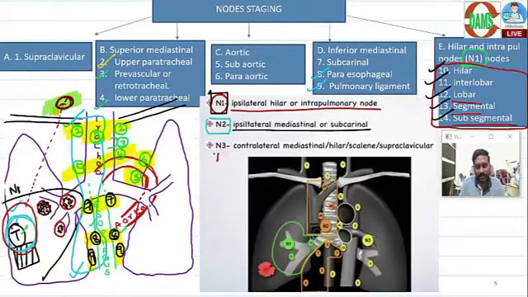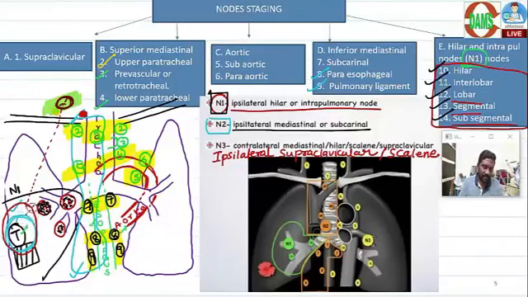So N3 includes ipsilateral supraclavicular, and also, near the trachea, you have another group which also is seen above the clavicle, that is called the scalene lymph node. So ipsilateral scalene or supraclavicular involvement.